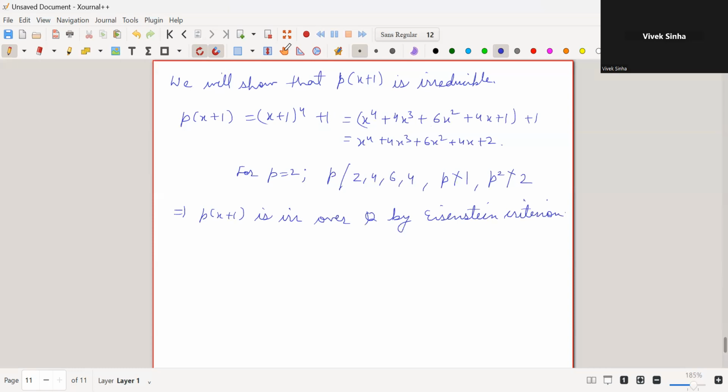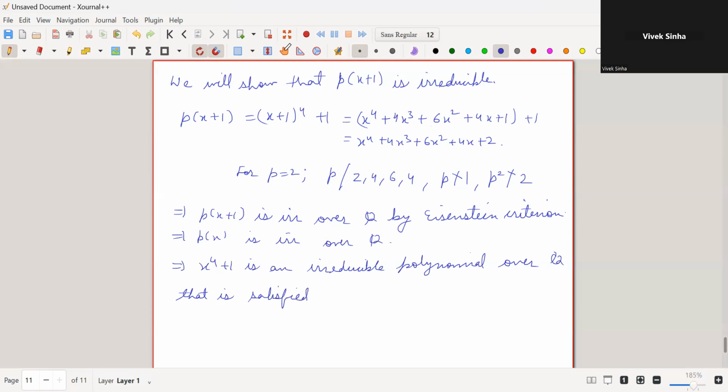And thus p(x) is irreducible over Q, which implies x^4 plus 1 is an irreducible polynomial over Q that is satisfied by zeta 8. And thus Q(zeta 8) over Q has degree 4.